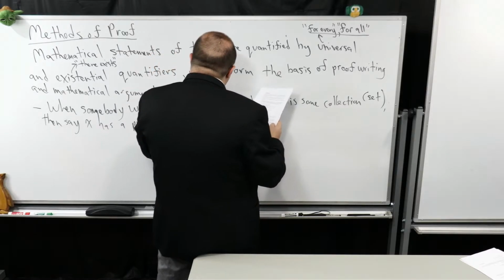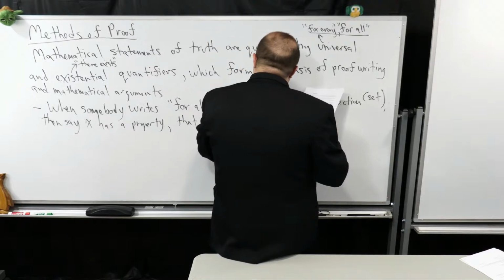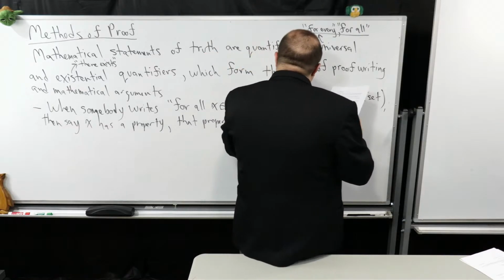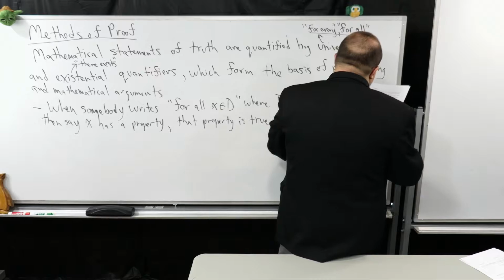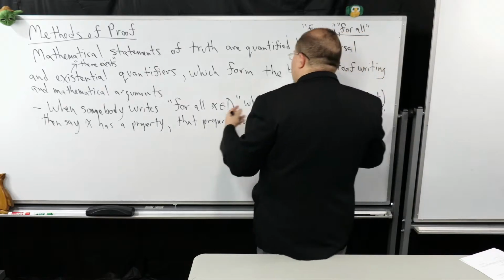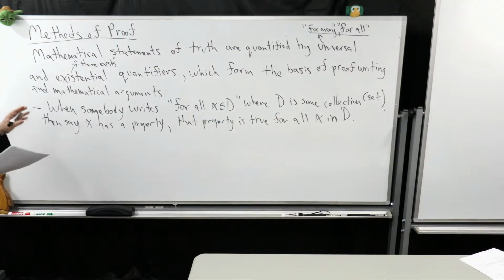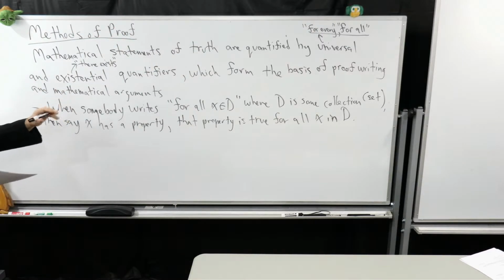That property is true for all x in D, or for every, whichever you'd like to phrase it. That's what universal means: whenever you see somebody say for all, it's a universal statement.